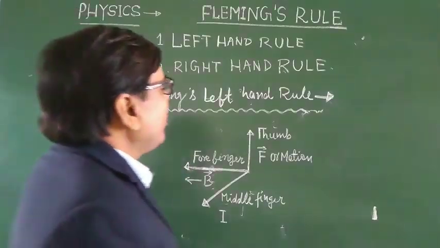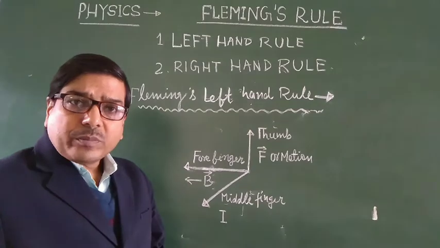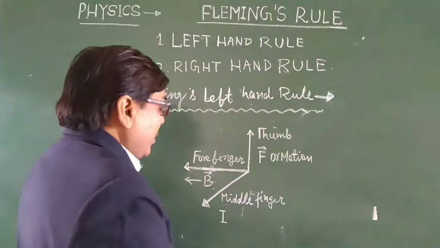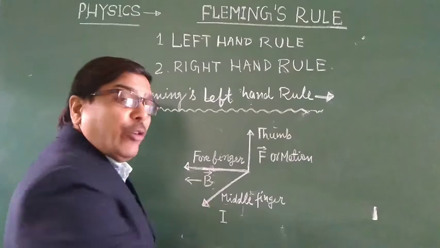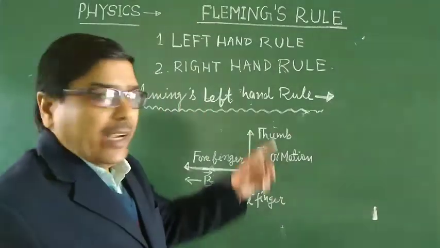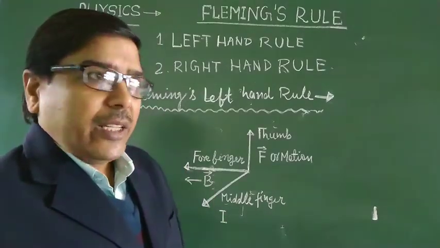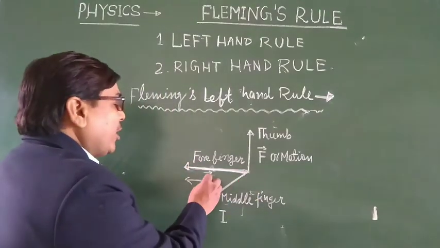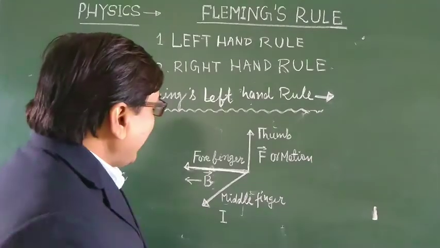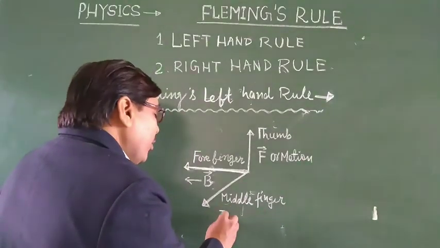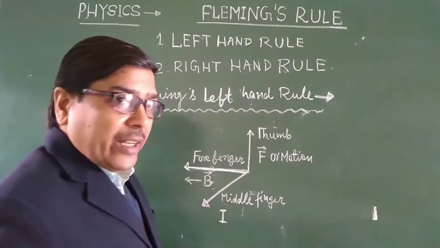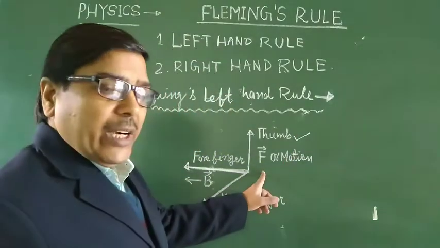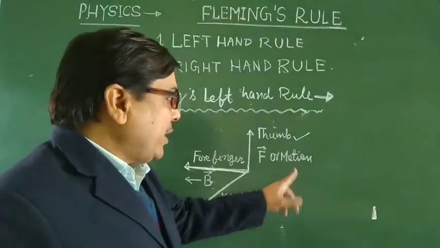Just this rule is like that. According to this rule, if we stretch the thumb, middle finger and forefinger of the left hand mutually perpendicular to each other in such a way that the forefinger represents the direction of magnetic field, and the middle finger represents the direction of flow of current in the conductor, then the thumb certainly represents the direction of force exerted or direction of motion exerted on the conductor.